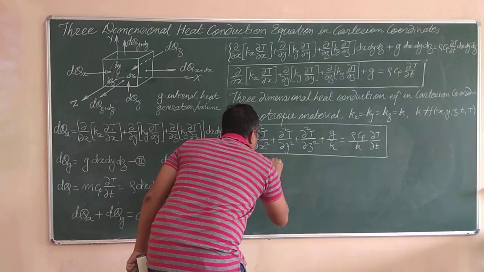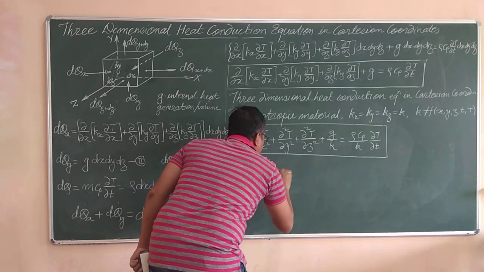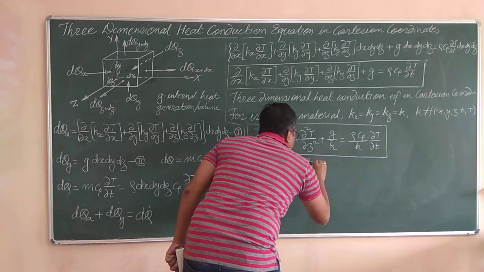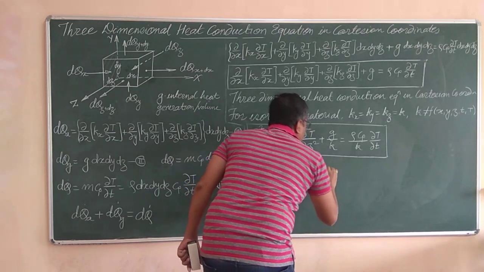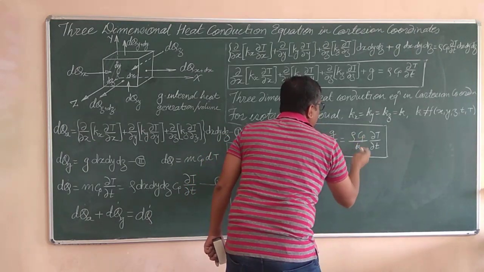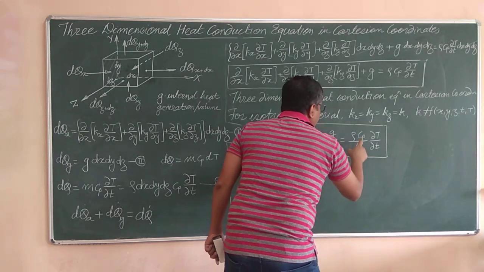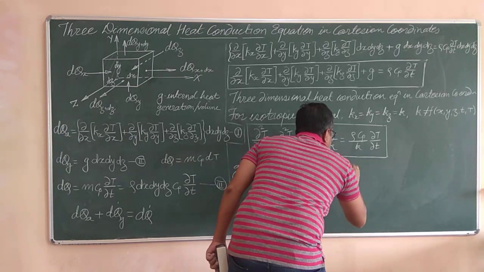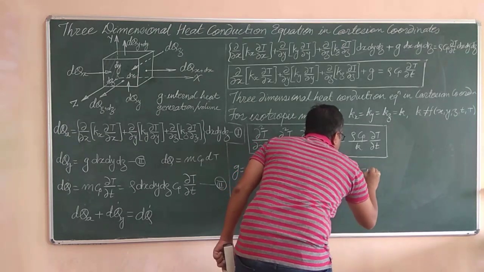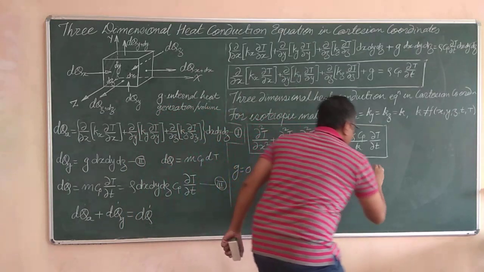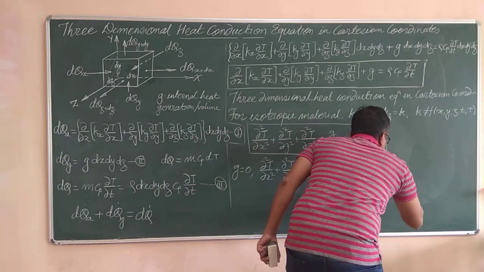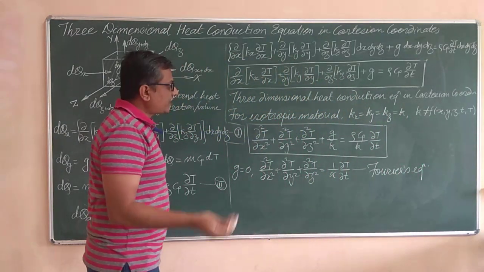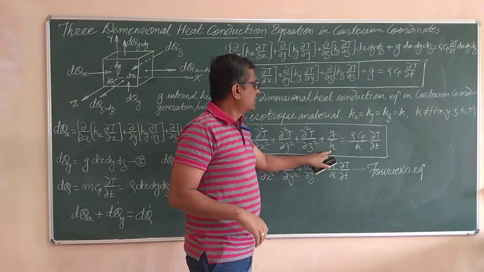I will get ∂²T/∂x² plus ∂²T/∂y² plus ∂²T/∂z² is equal to, now if I take ρ and Cp into the denominator, I will get this term to be equal to k by ρCp, so that term is replaced by 1 by alpha into ∂T/∂t, and this equation is known as Fourier's equation. Next one.